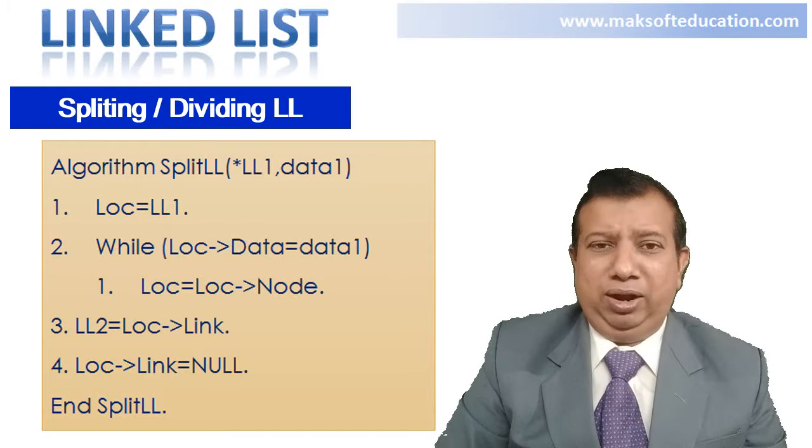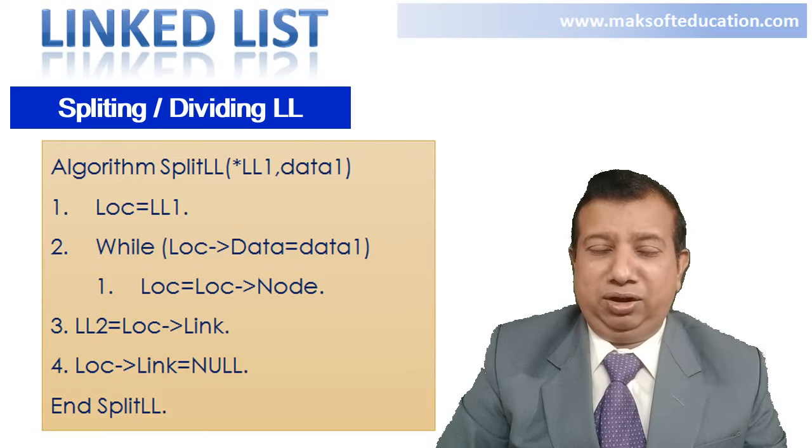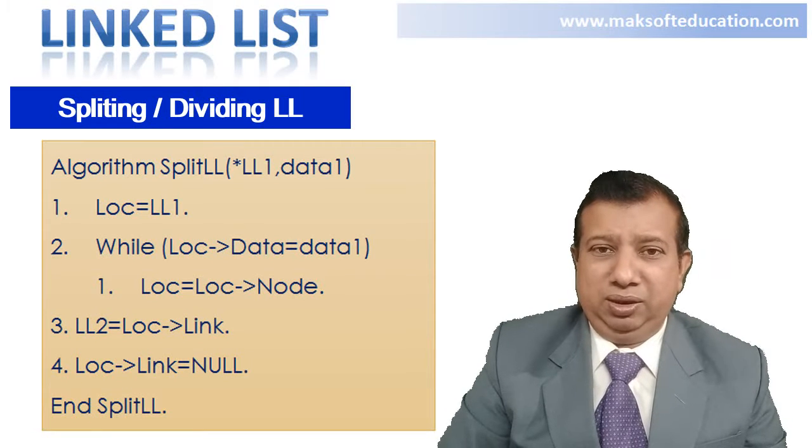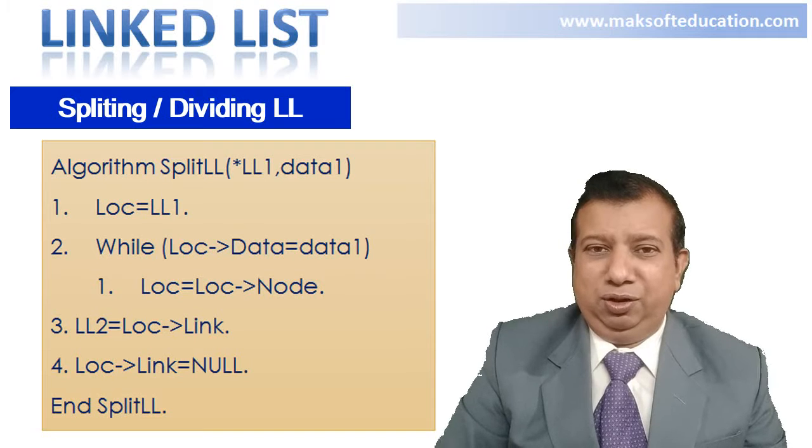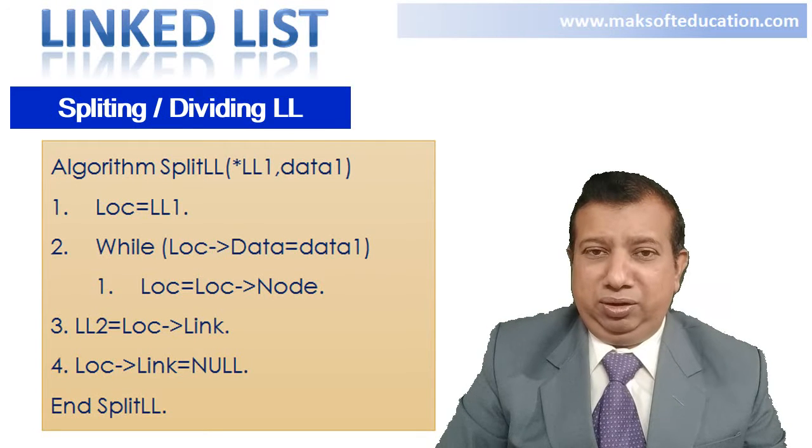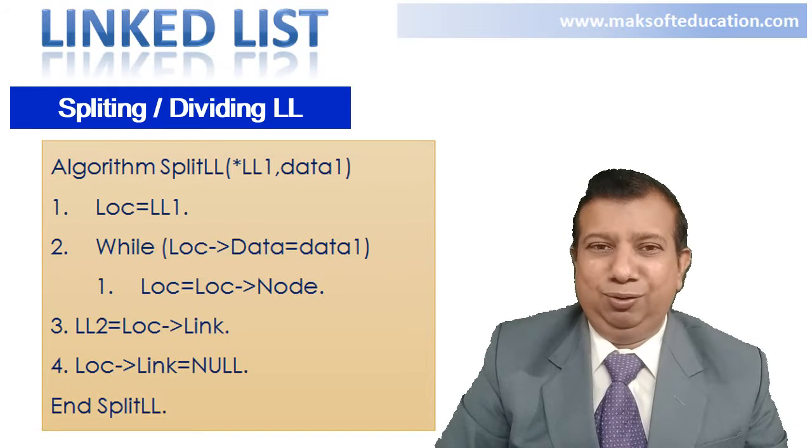Then, while you are reaching the particular data, just move LOC. So in the condition I am saying: while LOC's data is not equal to data1, move it. When it becomes equal to data1, that means you have reached that particular node.